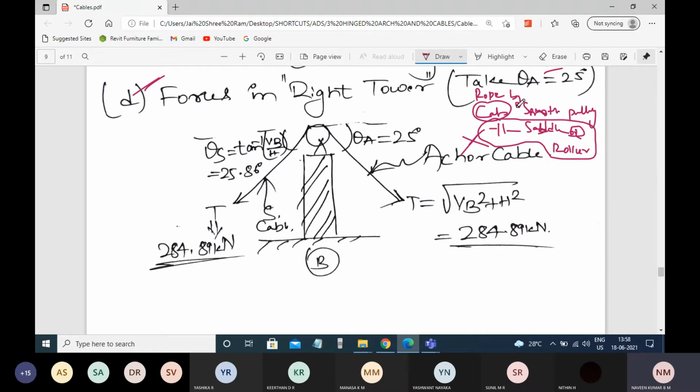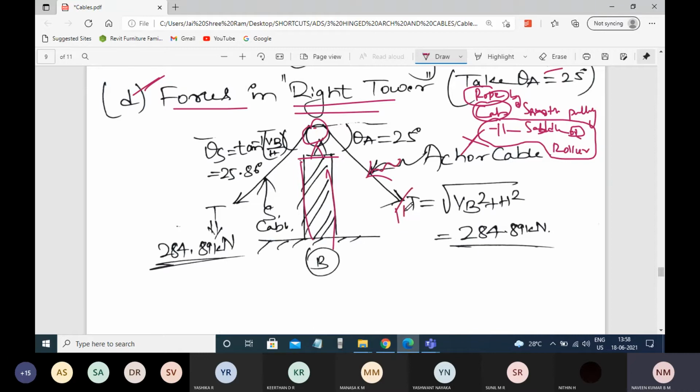Here, if you look at this, the forces in the right tower. Why right tower? This is the tower at support B we considered. If I am considering from support B, this will become the anchor cable.